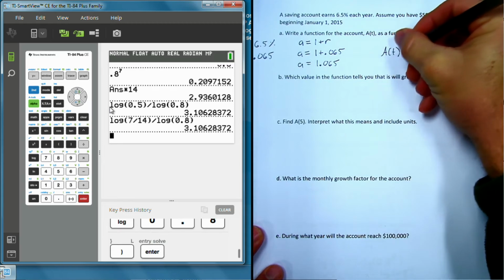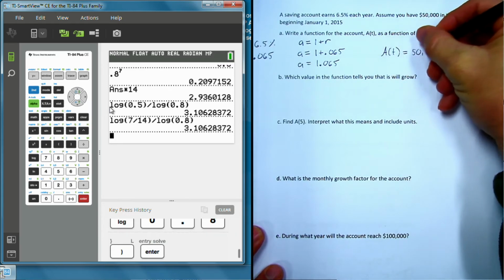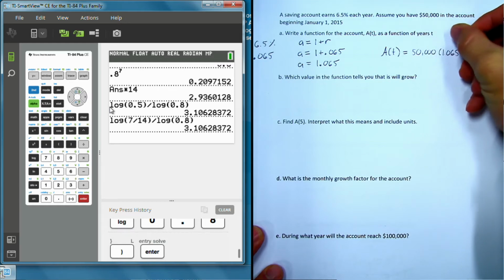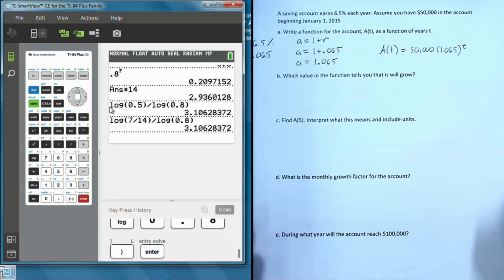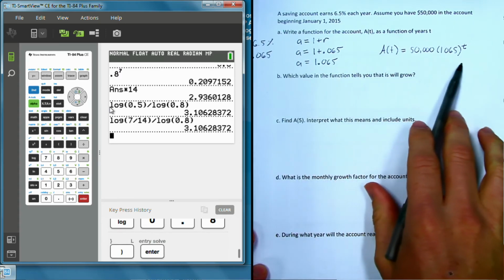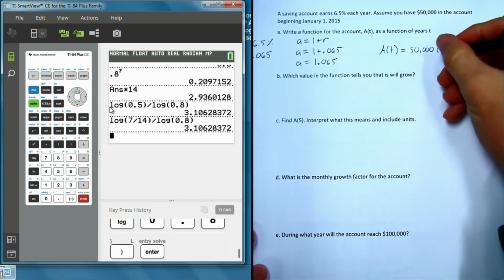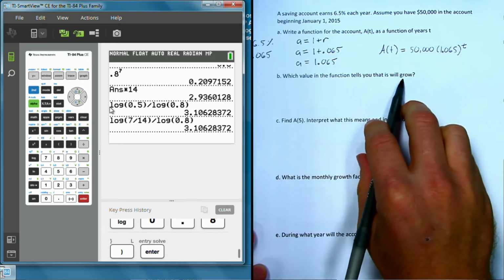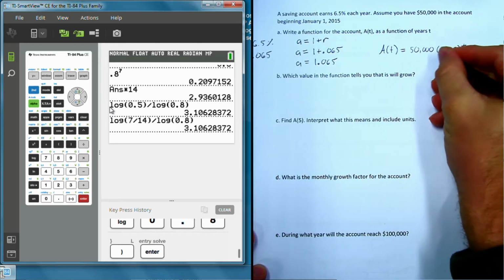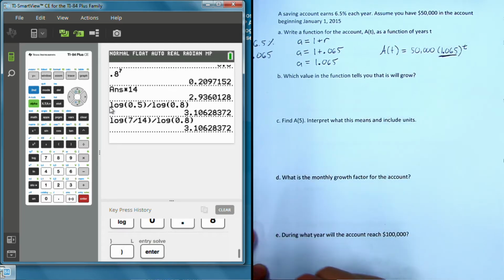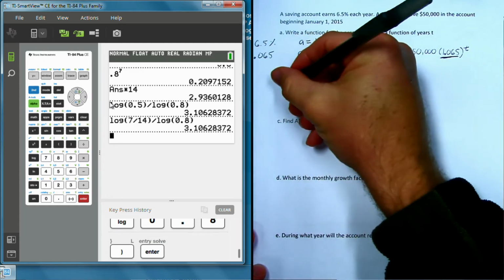So now I can write the function. A of t equals 50,000 times 1.065 to the t. Looking at our function, if we were asked what specific number tells us that the function will grow, this number here, our number that's raised to the exponent, tells us growth or decay.